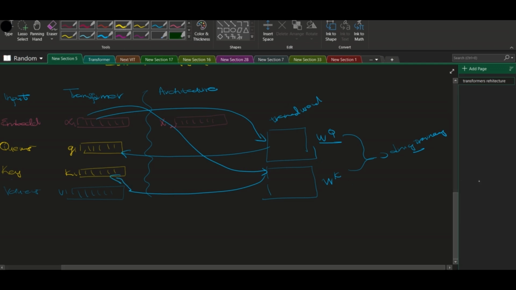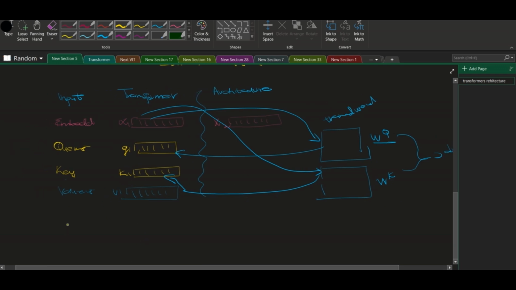Then what we do from there is we calculate the score. We take the query, we do a dot product with the key, q1.